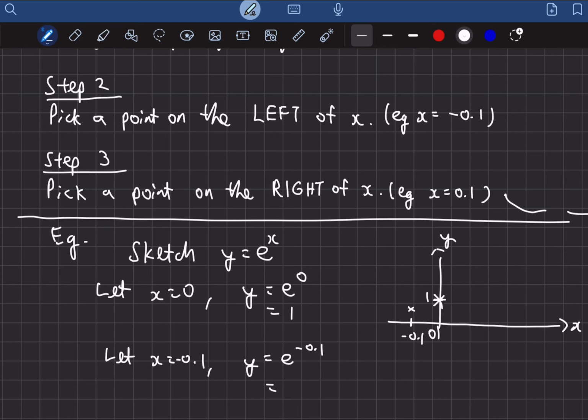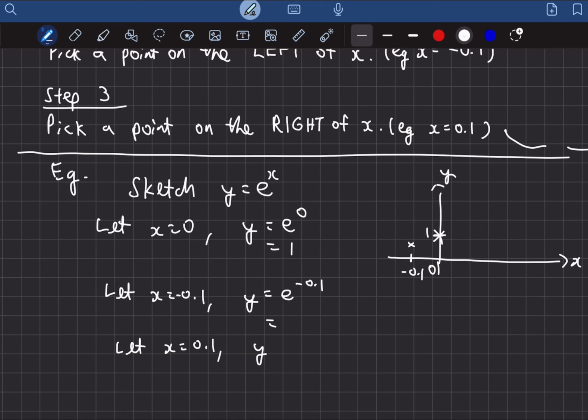Then we will proceed. Step 3, let x equals to 0.1. We'll have 1.11.